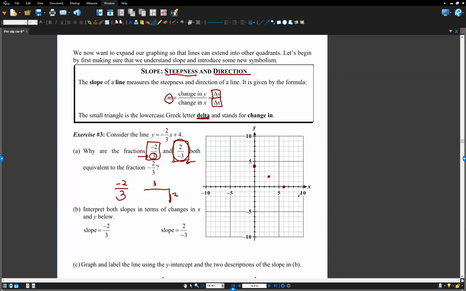Now when you go to the left, you can use this one, -3, left 3, move up, right? Or you can use the pattern over: left 3, 2 up, left 3, 2 up. It doesn't matter. Okay. All right. Now make a graph.